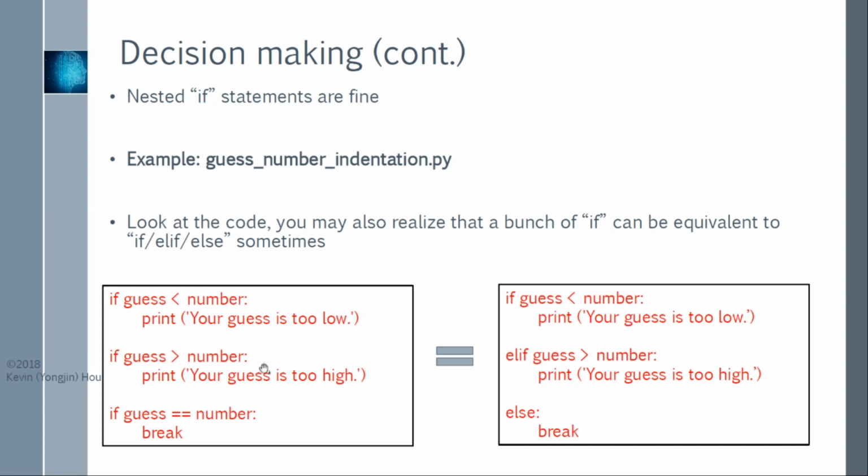You do not need to have three sequential ifs. You can get the equivalent result by doing if else. So this is an example that sometimes you can get equivalent logic by using different ways of doing the decision making in the code.